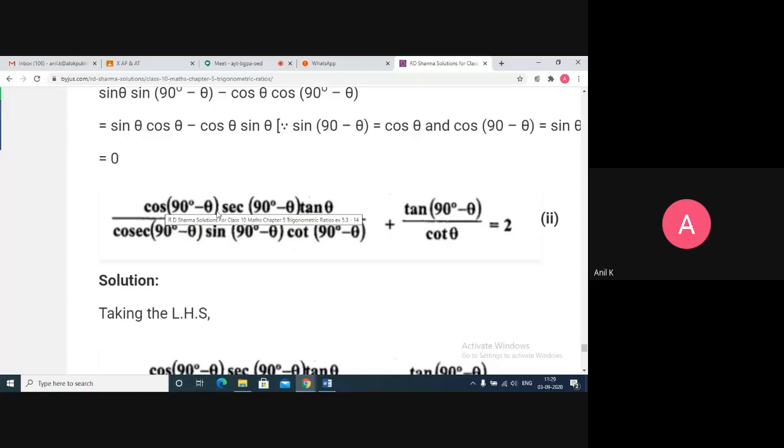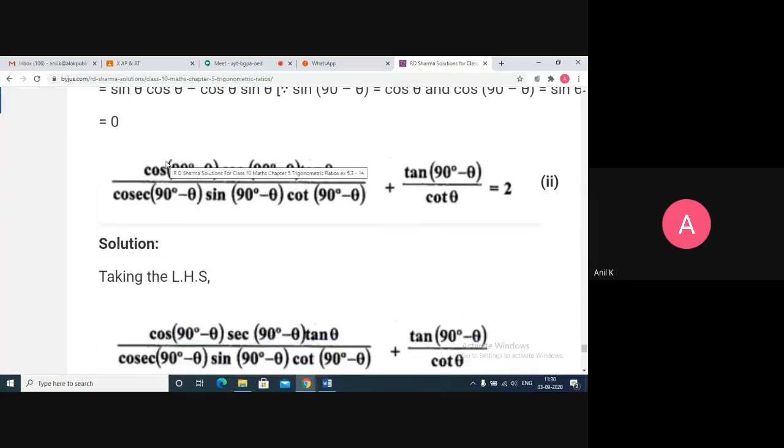Cos 90 minus theta into sec 90 minus theta into tan theta upon cosec 90 minus theta into sin 90 minus theta into cot 90 minus theta, plus again one more fraction is given. You have to prove answer as 2. So 2 means the first fraction will give you 1, second fraction will give you 1. So 1 plus 1 is 2. So you knew what the answers are going to be.